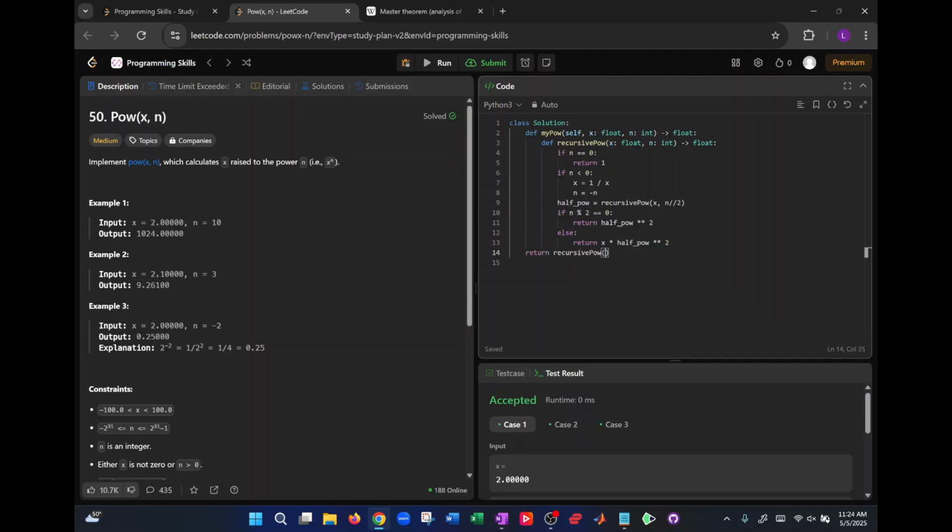And then what we need to do is, at this level, we need to return recursive pow x, n. So we're basically defining this function and then we have to call it, because we have to define this fully before we can get the recursion to go.